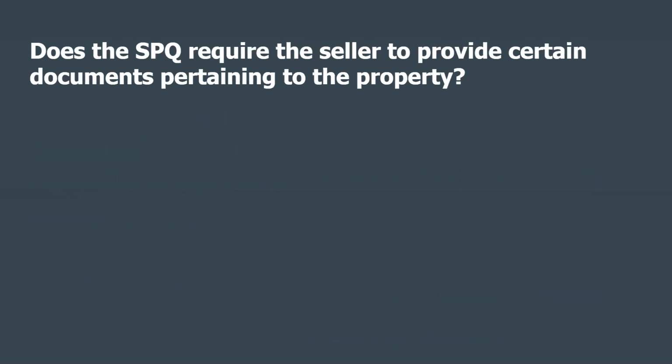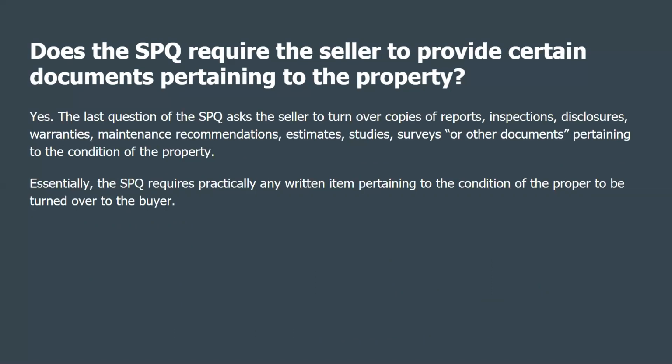Does the SPQ require the seller to provide certain documents pertaining to the property? The answer is yes. The last question of the SPQ asks the seller to turn over copies of reports, inspections, disclosures, warranties, maintenance recommendations, estimates, studies, surveys, or other documents pertaining to the condition of the property.